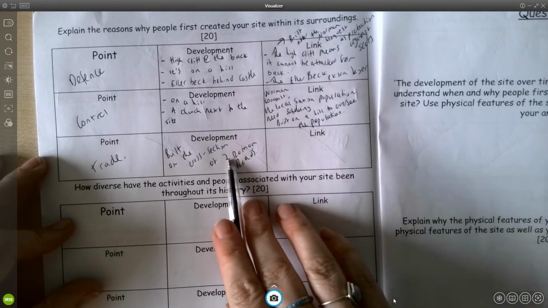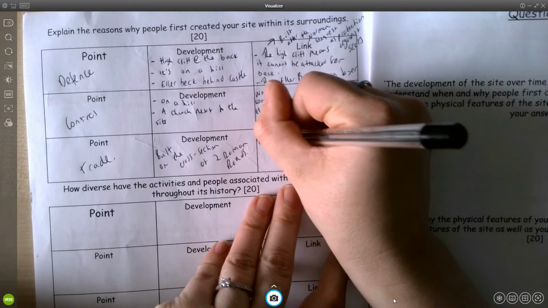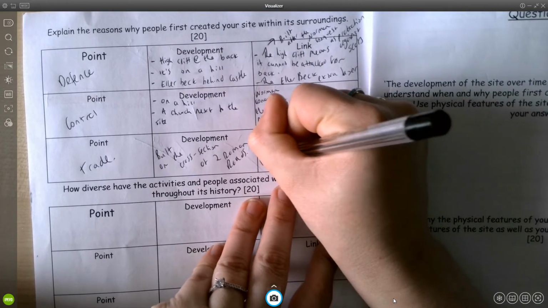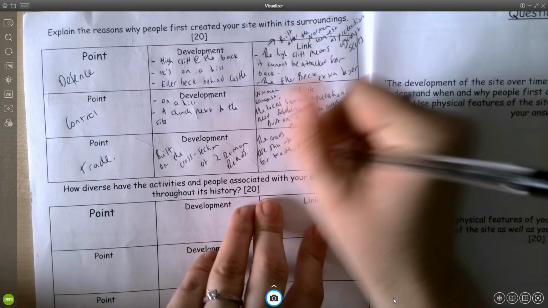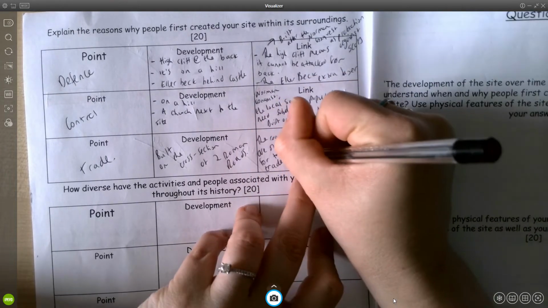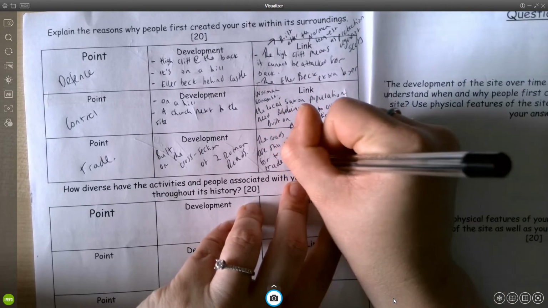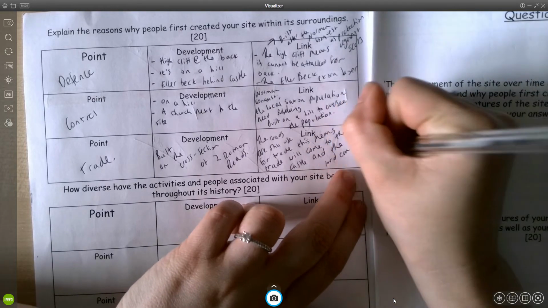Why do they choose to build it there? The roads are still in use for trade. This means trade will come to the castle, and the Lord can control the trade.